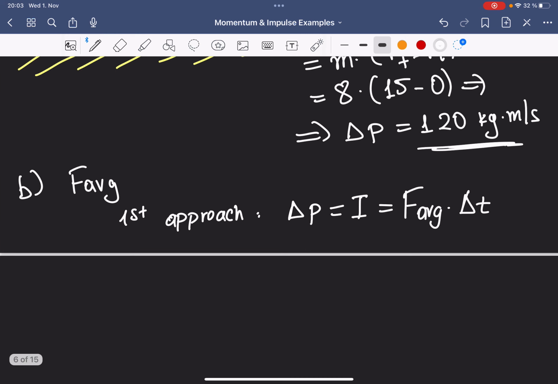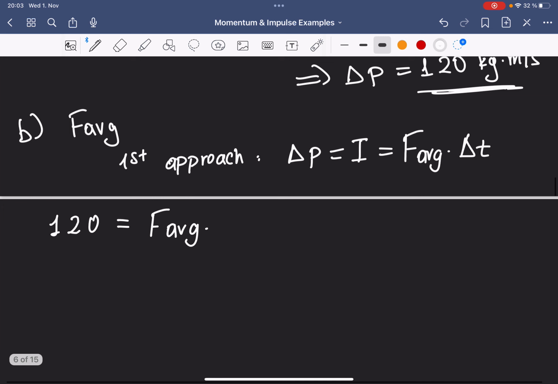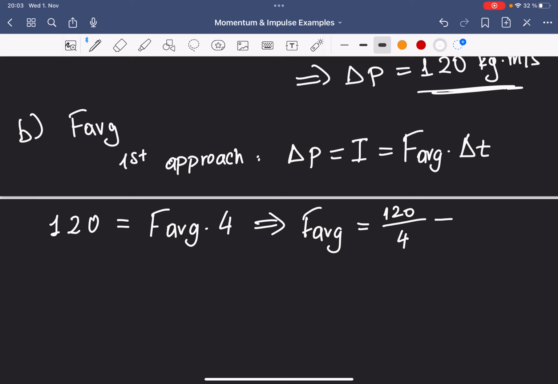So if we substitute the numbers, we have a change in momentum of 120 being equal to the F average that we don't know, and this force acted for 4 seconds on the object. If we solve for F average, we have 120 divided by 4. So the force is going to be 30 newtons.